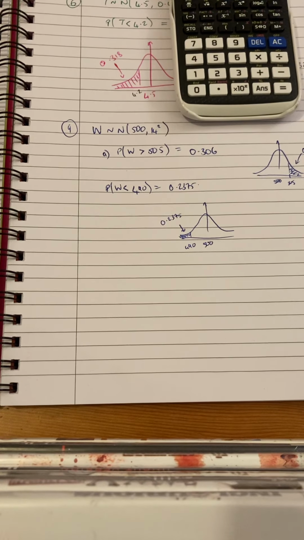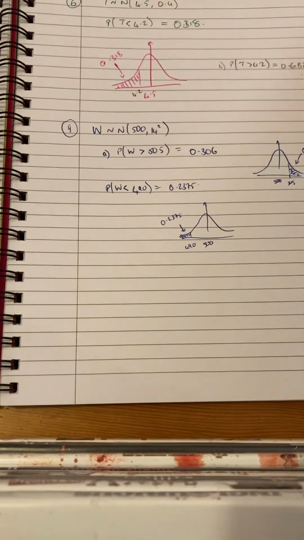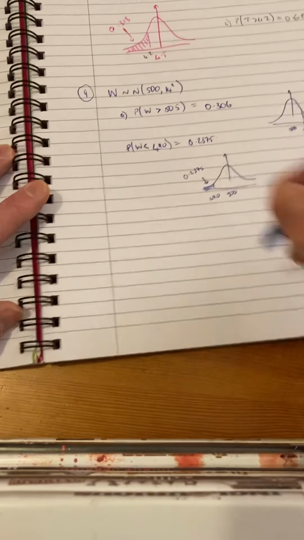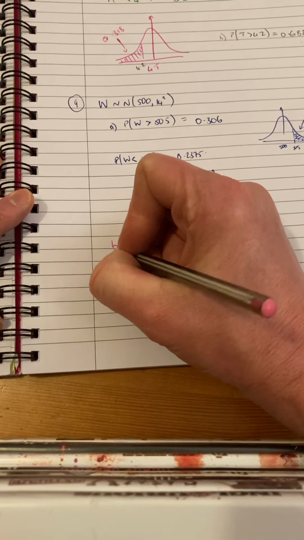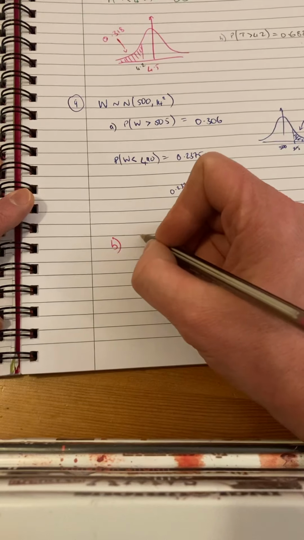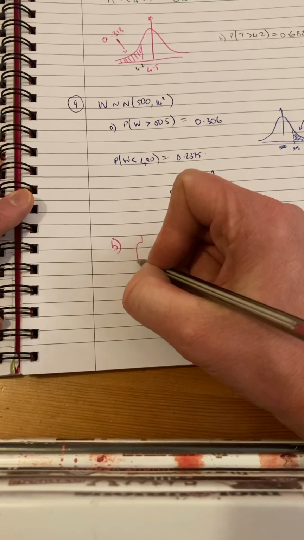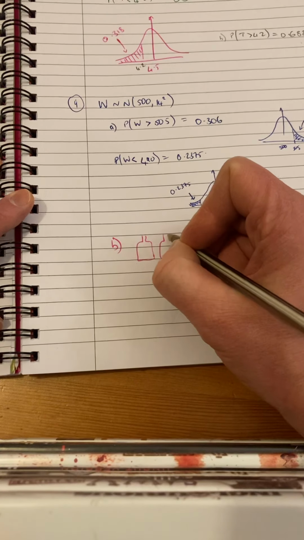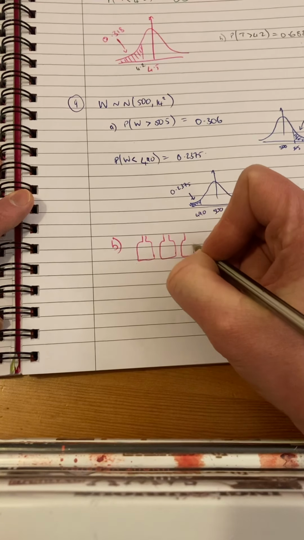Look at this then. A sample of 4 bottles is taken. I want to know the probability that all 4 bottles contain more than 490 millilitres. So if I've got 4 bottles in a row, let me draw a picture to represent that. There's one, 2, 3.